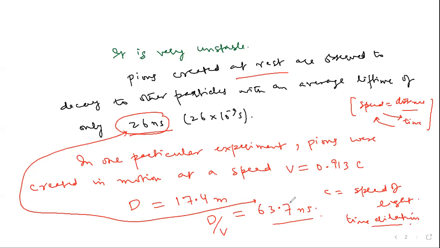Now, such an effect cannot be explained by Newtonian physics, in which time is a universal coordinate having identical values for all observers. So it's one such trouble which cannot be explained using Newtonian physics.